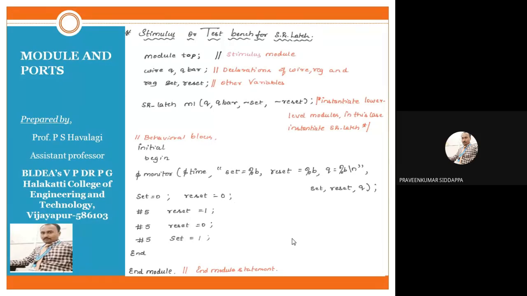What is slash n? Slash n indicates the next line. Three variables we are monitoring, and we should write them using commas. These all three: set, comma, reset, comma, q.